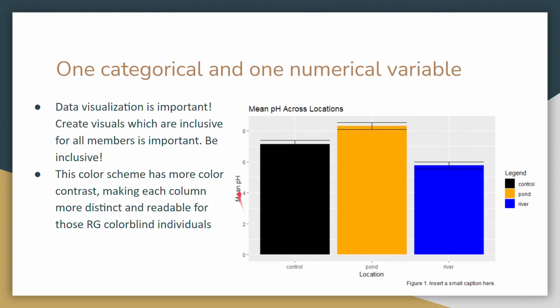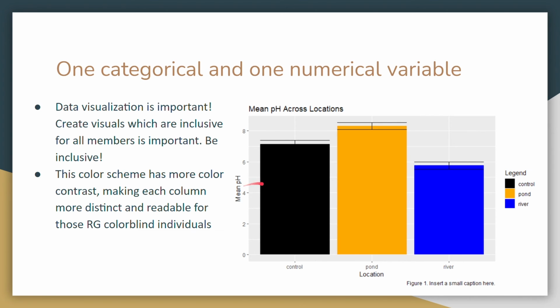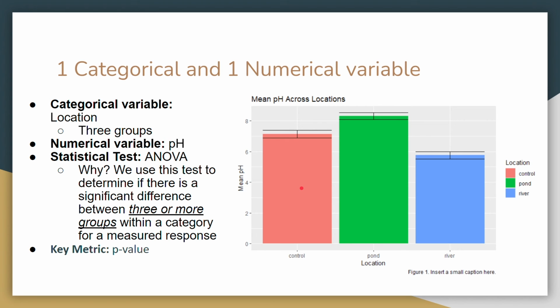In this way, you can see that the color scheme offers more contrast in this figure than the previous. So we see very distinct differences between the three groups, and not only that, but red-green colorblind individuals can actually decipher the color differences between each of the bar plots, compared to the previous slide where they would have extreme difficulty in deciphering the differences between the control and the pond in terms of the color scheme that we selected.